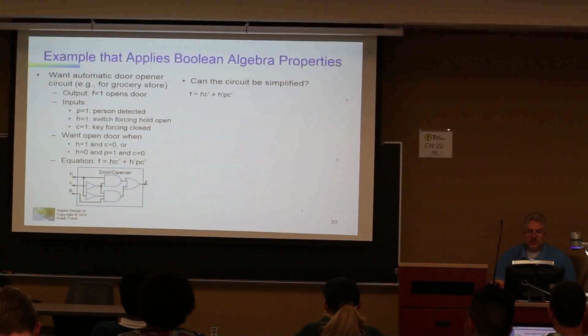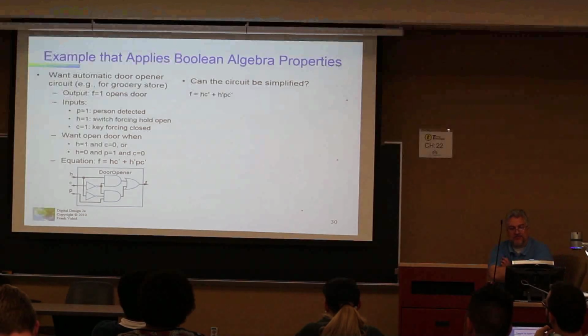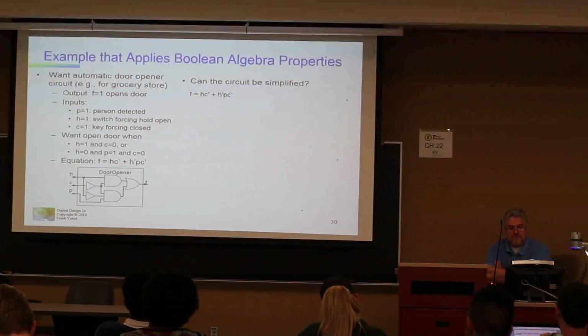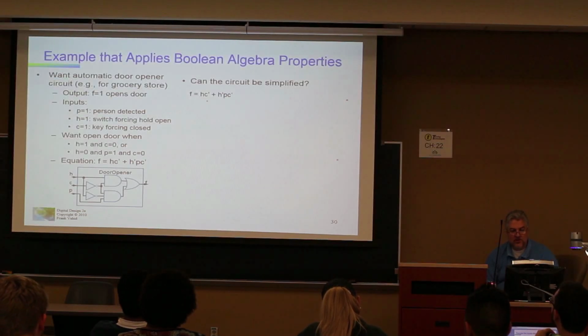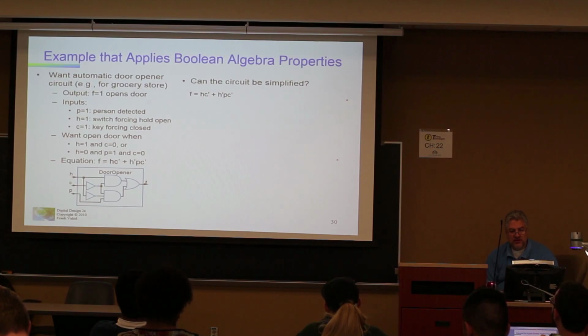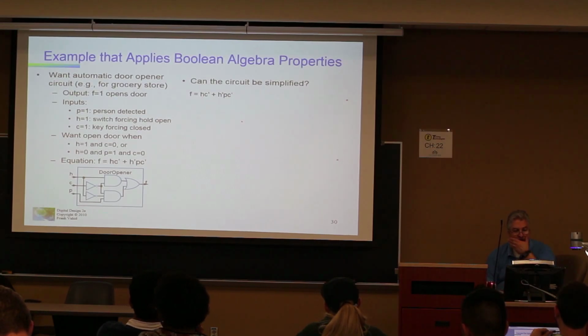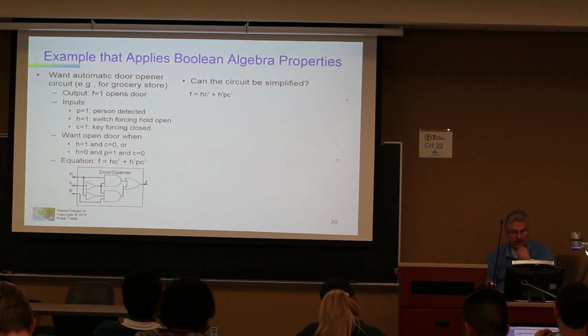Oh, he wants to show examples. All right, let's go back to this example. Can this circuit be simplified? I see one thing here. I have an H and a C prime in both sides, right? So in this case, we're saying an automatic door opener, for a grocery store, F is when the door is open.